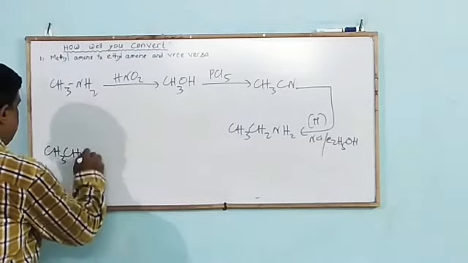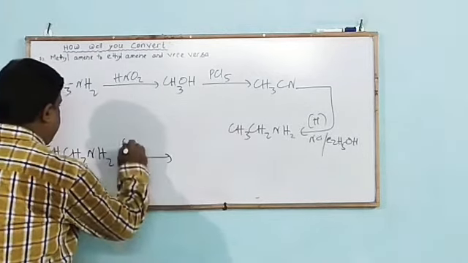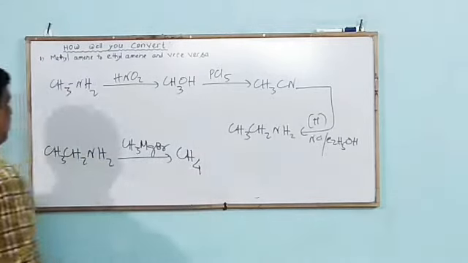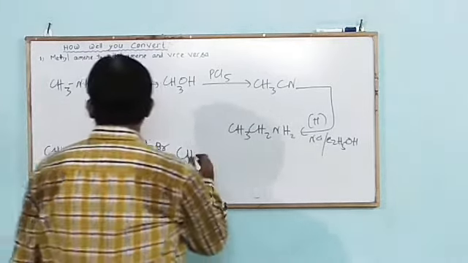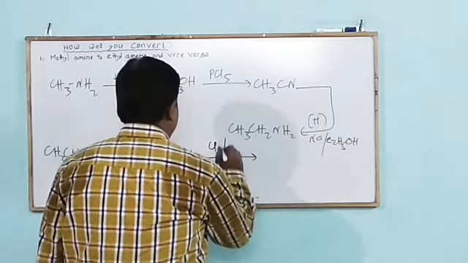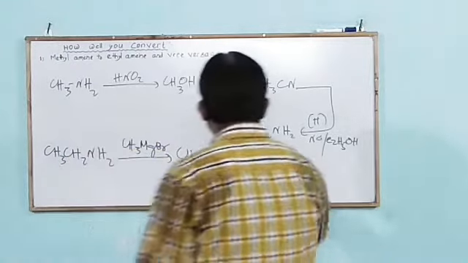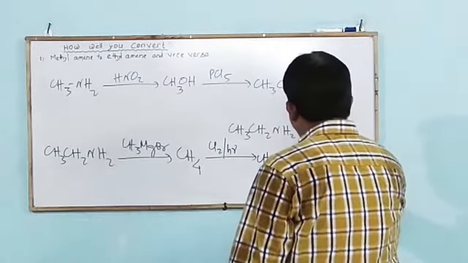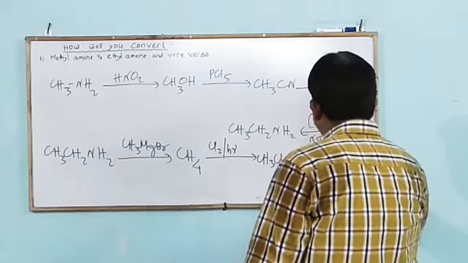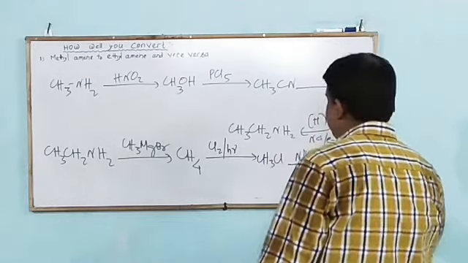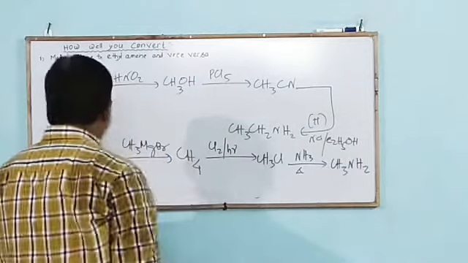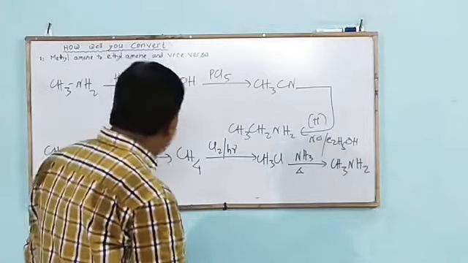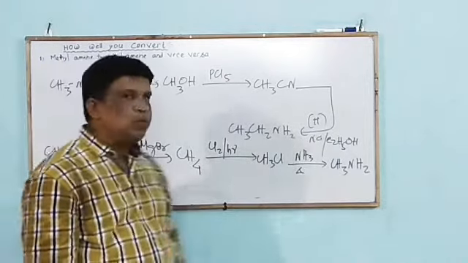CH3CH2NH2 reacts with the Grignard reagent methyl magnesium bromide to form an alkane, that is methane. Methane undergoes chlorination with chlorine in presence of sunlight to form methyl chloride. Methyl chloride heated with ammonia forms methylamine. So in this way, methylamine is converted to ethylamine, and ethylamine to methylamine.